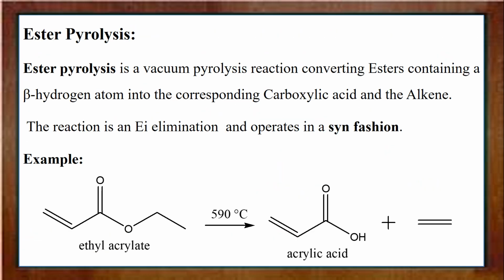The third very important intramolecular elimination, a pyrolytic elimination, is ester pyrolysis. An ester containing a beta hydrogen atom on vacuum pyrolysis decomposes to give a carboxylic acid and an alkene, or the ester containing beta hydrogen undergoes elimination to give an alkene.